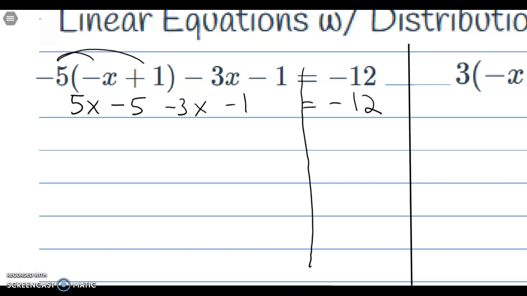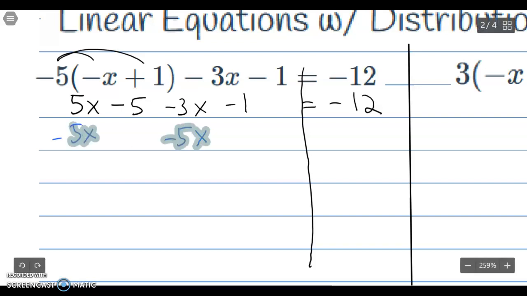You see this long line here, and I want you to understand that what you don't want to do, and don't write this down, is subtract 5x on both sides like this. You don't want to do the opposite. The only time you want to do that is if you're going across this line here. So be aware of that. Do not do that.